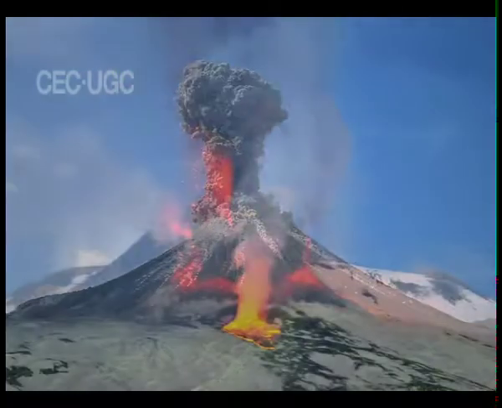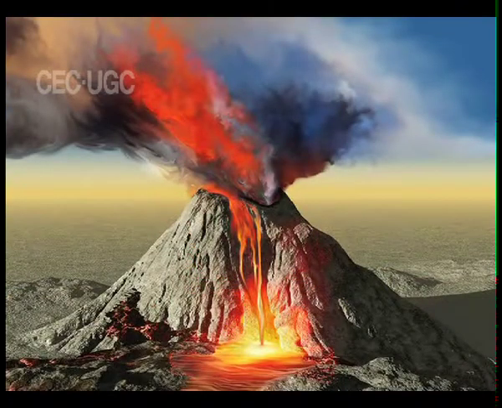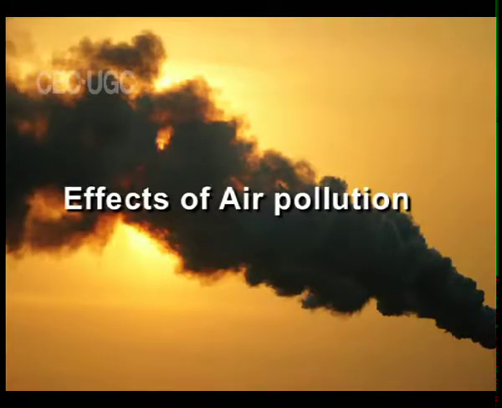The source of pollution may be felt elsewhere. Volcanic activity is another important natural source of air pollution. Active volcanoes pour great amounts of ash and toxic fumes into the atmosphere and lead to the deterioration of air quality. Effects of air pollution.